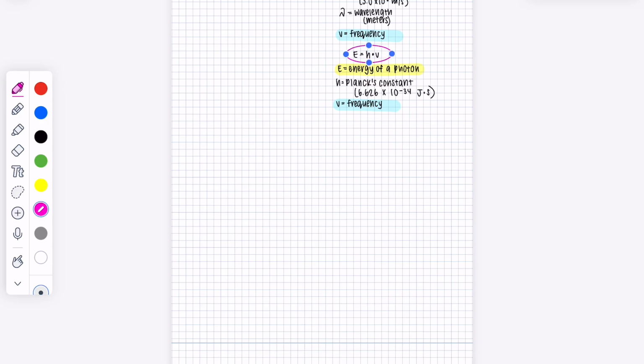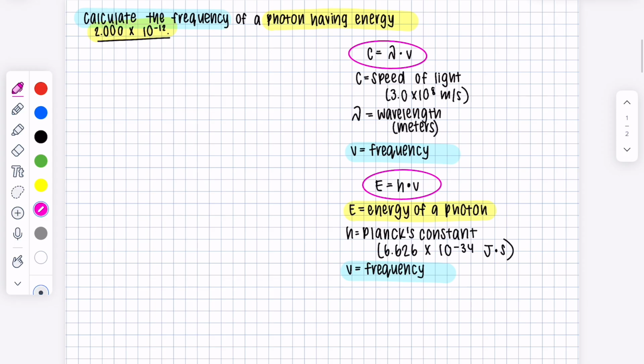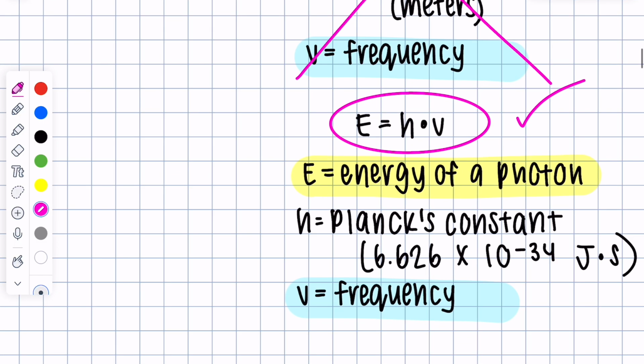So let's go ahead and figure out which one we're going to be needing for this problem. In this problem, we're calculating the frequency. Both of these equations have a frequency involved, so that is similar in both of them. But the information we're given is the energy of a photon. Since this equation has nothing to do with that, we're not going to be using it. And since this equation does, we're going to be using this one. So we are solving for v here, but we have the value of E and we have the value of h.